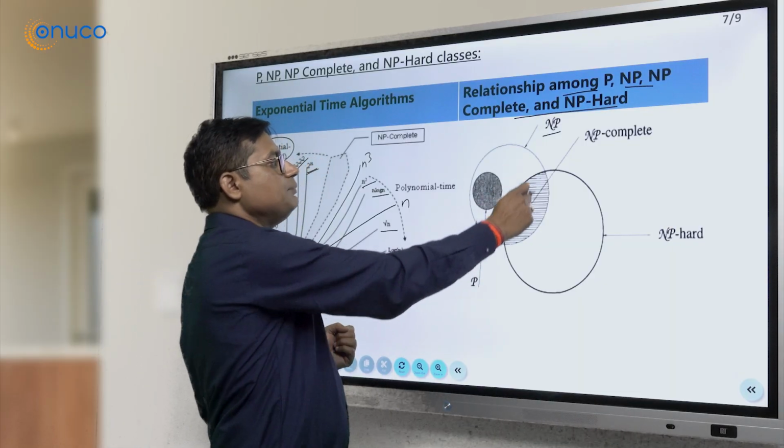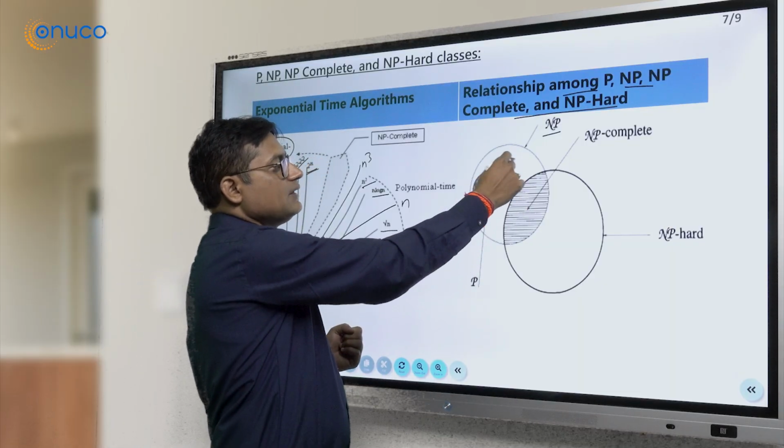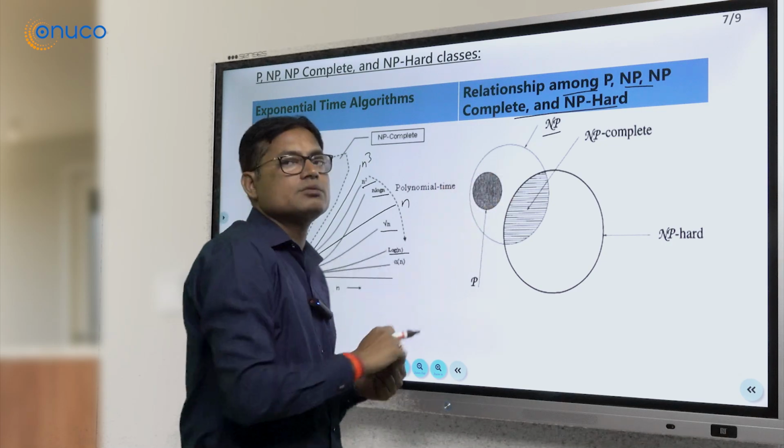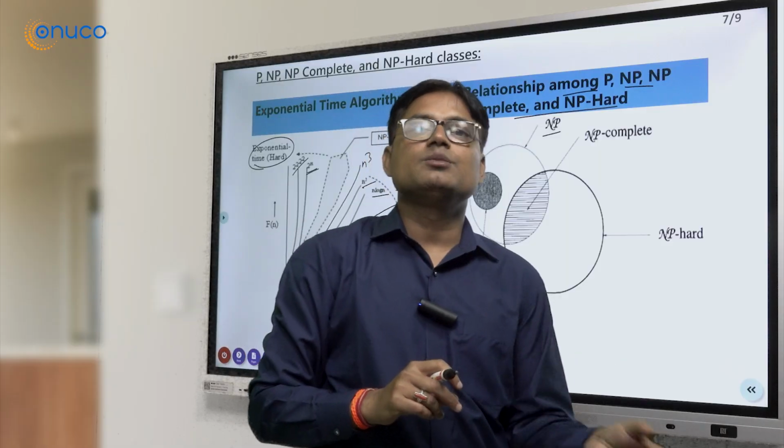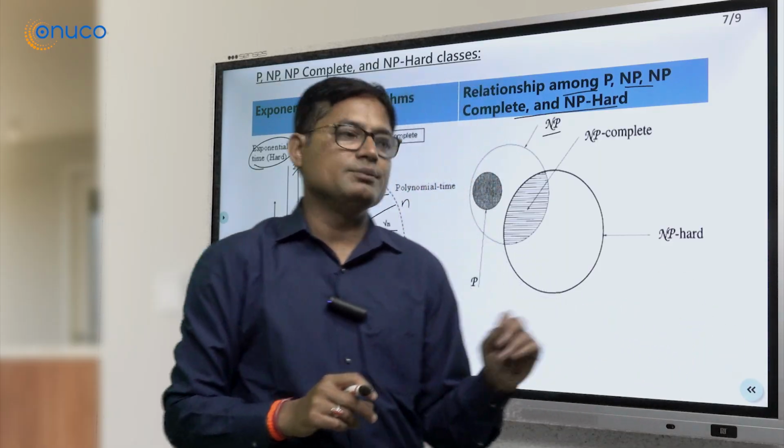They come under NP complete. There is no direct approach, but there is an indirect approach and we can solve the problems. And we are able to make the decision that yes, there is some solution for this particular problem.